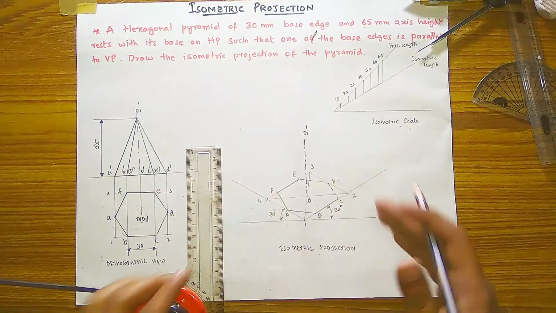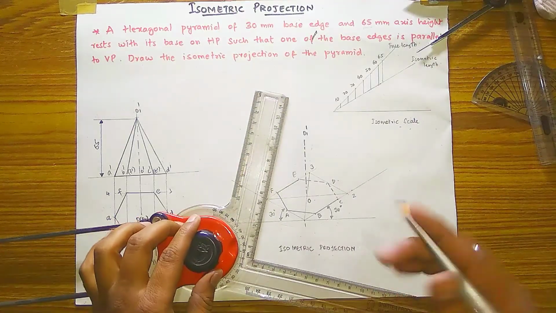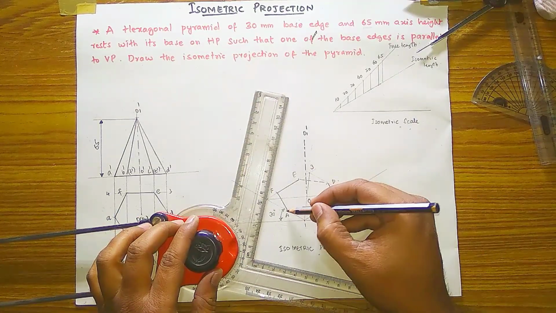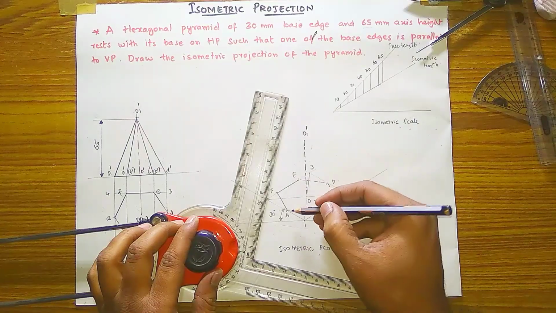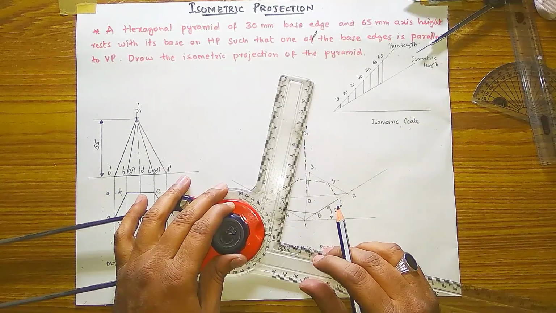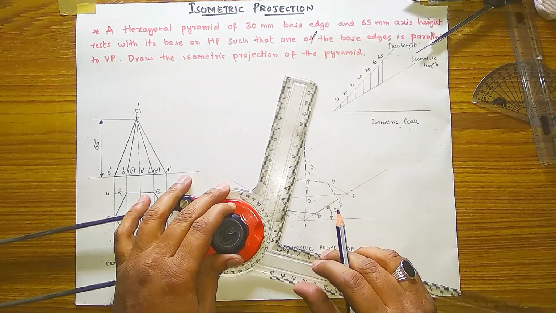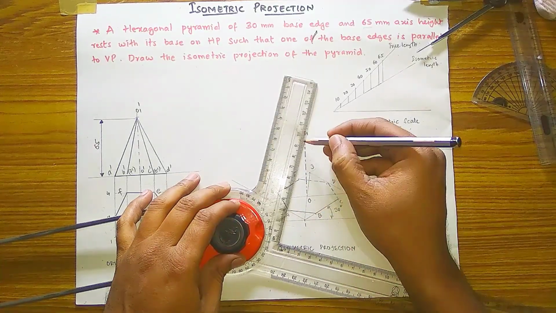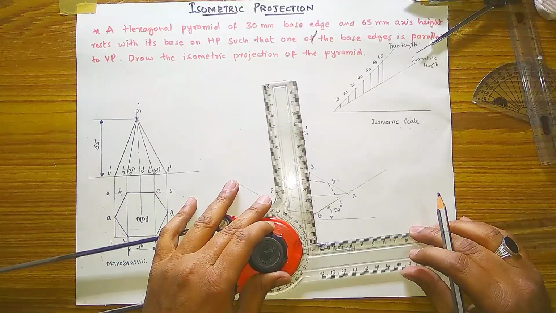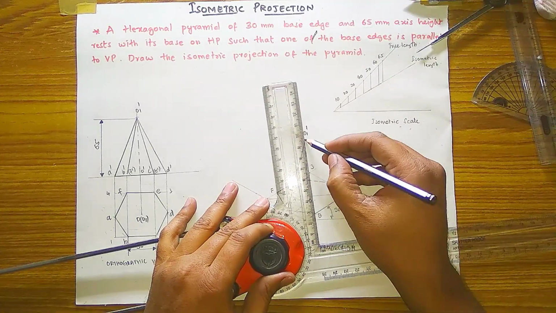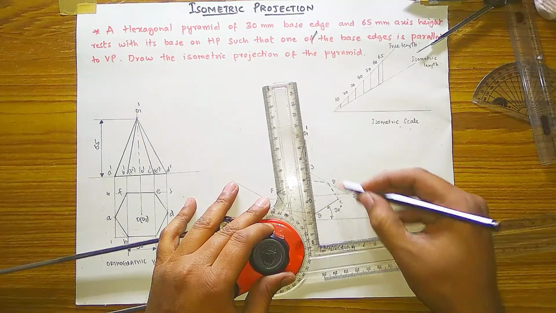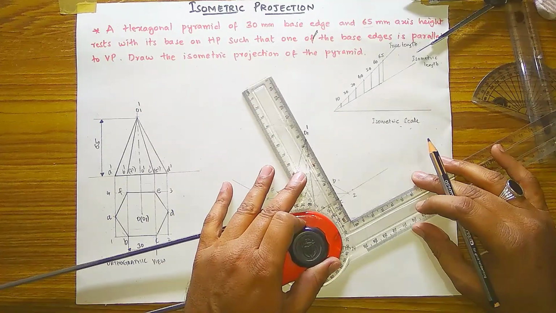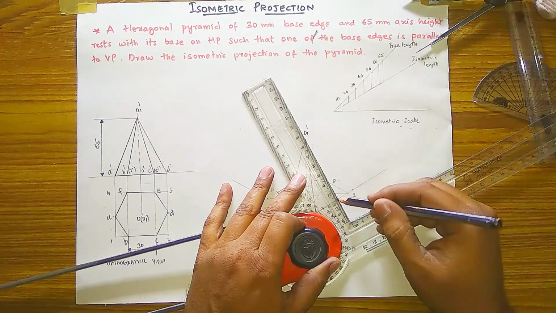Then for the pyramid's lateral surface, you have to directly draw. If you see from the front, this AO line will be visible because it is front. So that's why you have to do it dark. And this BO is also visible from the front, so you have to do it dark. And the CO is also visible, you have to do it dark.